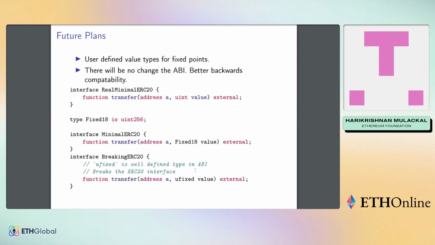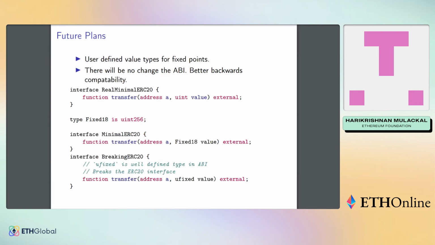I mentioned before, I will talk about ABI issues about ufixed. So the type ufixed actually exists in the ABI, but this wouldn't have the same selector as the real transfer functions. So this means that the ufixed, which is already present in the ABI, doesn't have any backwards compatibility.